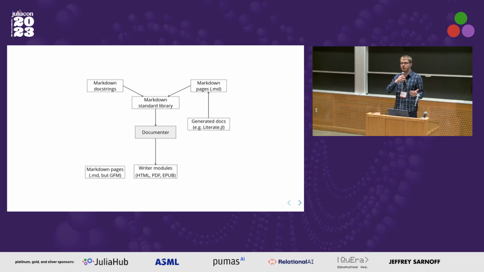Another practical example is, what if we have some other format that we want to ingest into Documenter? It could be something like reStructuredText, but a very practical example is using CommonMark or GitHub-flavored Markdown, because the Julia Markdown that we normally use is not the same as what you use on GitHub.